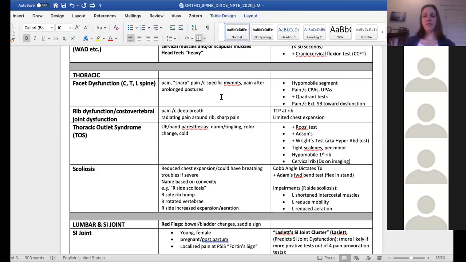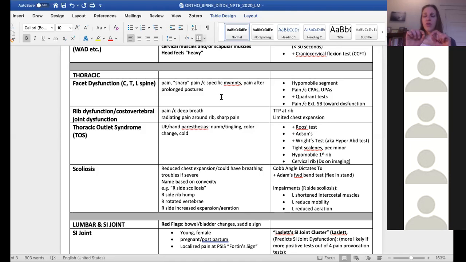Periscapular pain is oftentimes associated with these individuals, so you can have some referral from facet dysfunction into that periscapular area, kind of inside the shoulder blade region between the spinous process and the medial border of the scapula. It's not uncommon. However, that pattern is more indicative of facet versus a rib dysfunction.